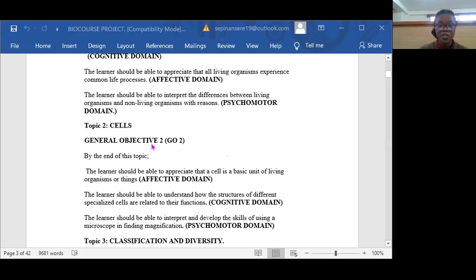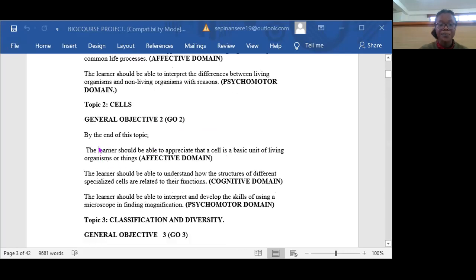And the other general objective is about the topic of cells. Firstly, I have the affective domain: the learner should be able to appreciate that a cell is a basic unit of living organisms or things.